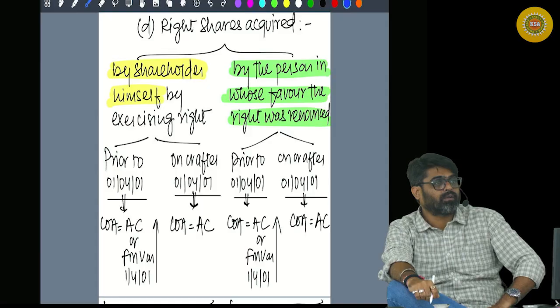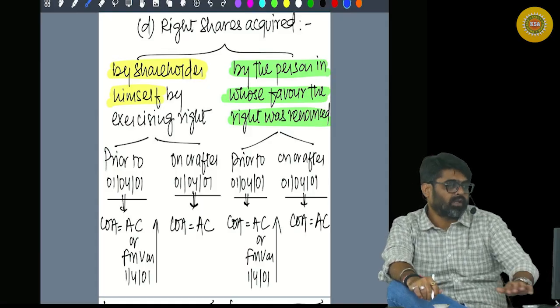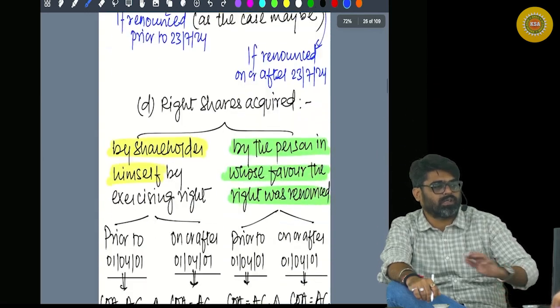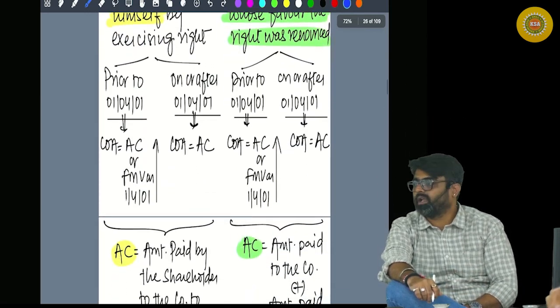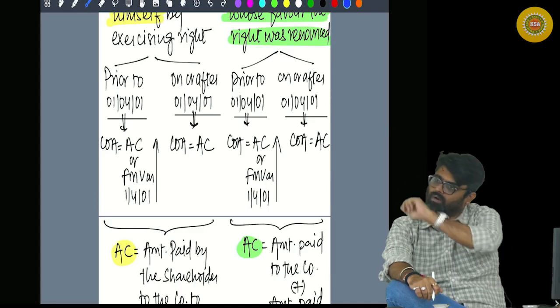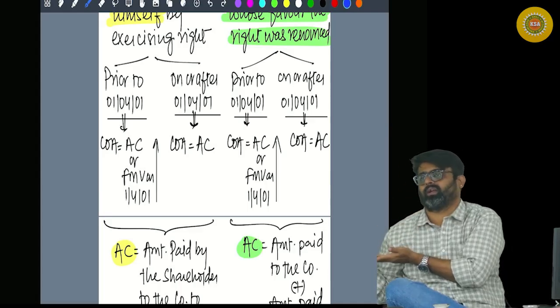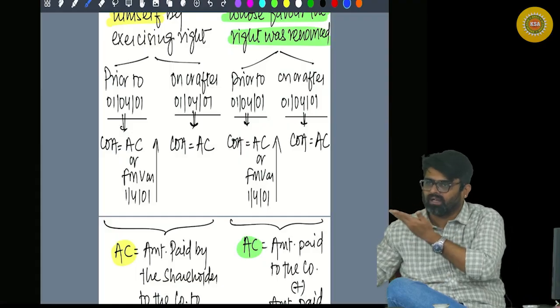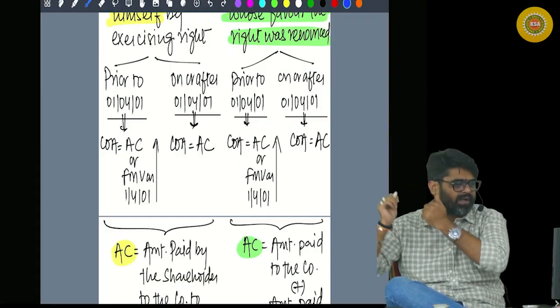Getting my point? Sir, what if these shares you are talking about are unlisted? Then the cost will be like this only, whether the shares are listed or unlisted. Cost you have to determine like this only.